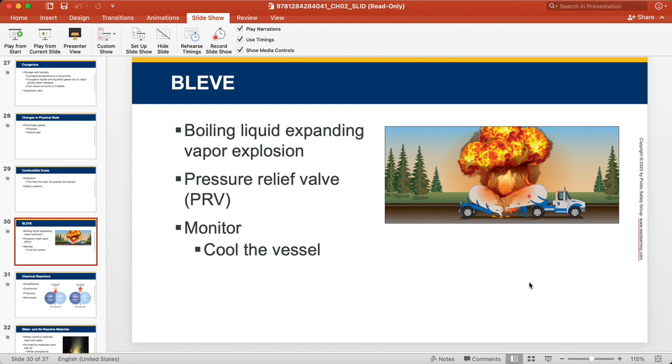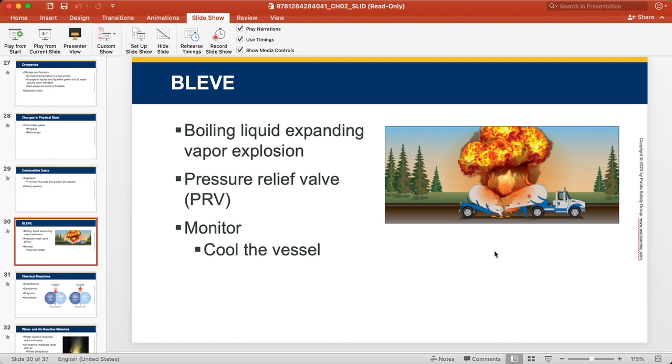In a BLEVE, if we have a fire on a vehicle or a tank, a propane tank or any type of vessel, and it starts to heat the portion that's above the liquid line, that's going to start weakening the metal. Then they have what's called a PRV, pressure relief valve, which we'll show you in that video, which lets off excessive pressure to prevent a BLEVE from happening.